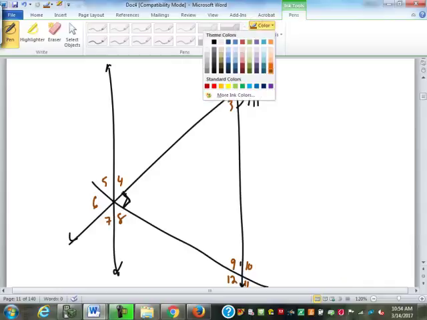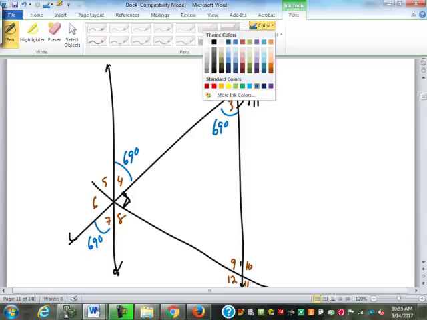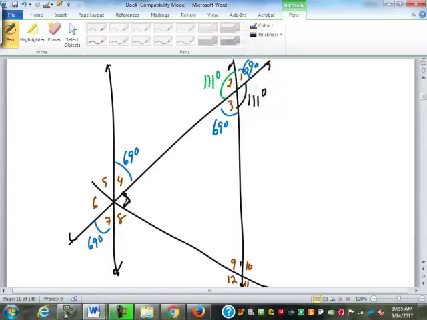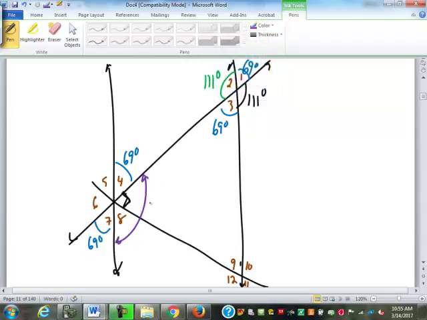So, what other angles have to be 111? Careful. Just 2. 1 and 3 both have to be 69. 4 would have to be 69. And 7 would have to be 69. Now we know that has to be 111, right?